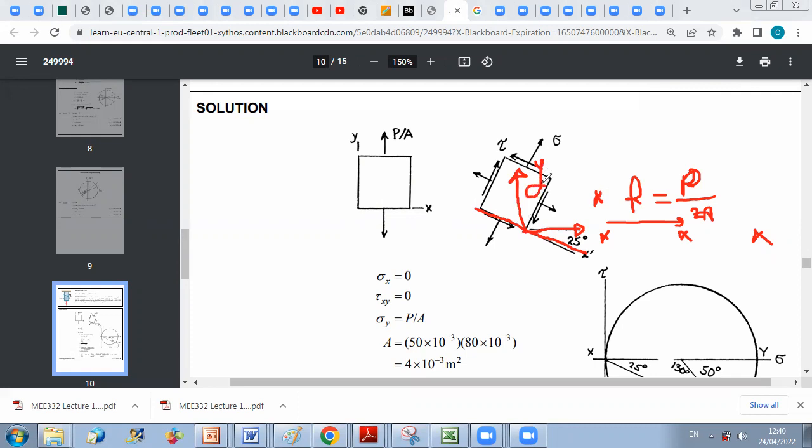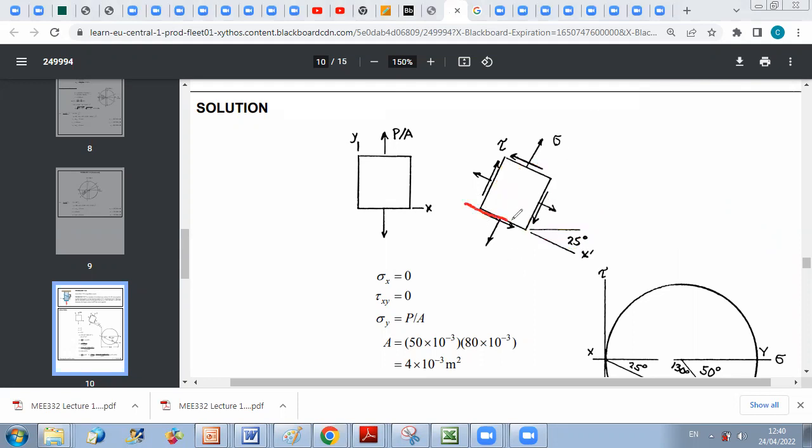So if I look at my figure, the angle of rotation I did is the following one. This is now for this face. These are my faces. I have this axis.